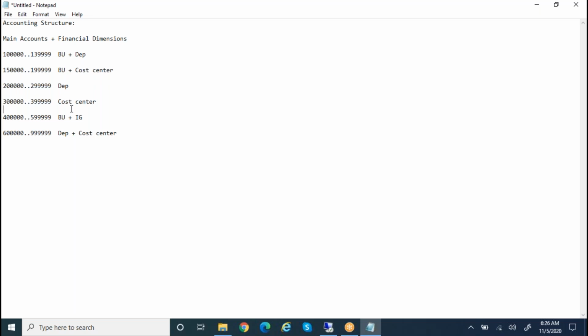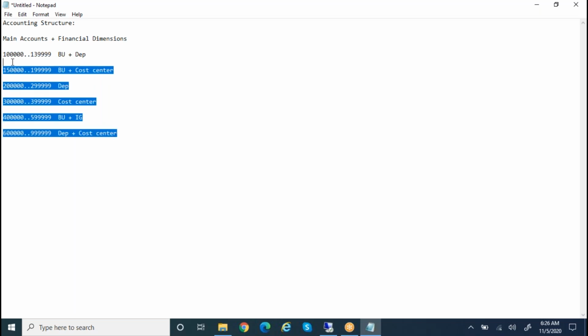If I verify in the main accounts, it will show main account 140100, but it will throw an error message. The reason is that one account structure must exist for any chart of accounts, any main account. It is a must, you need to map at least one structure and only one structure.